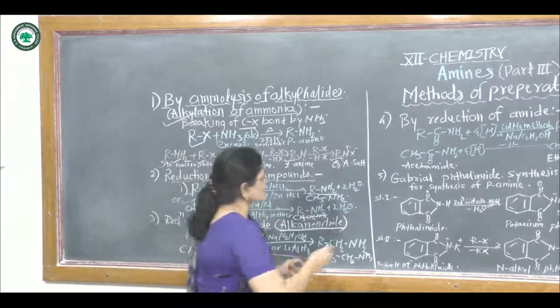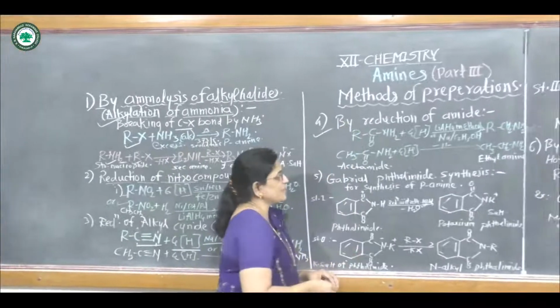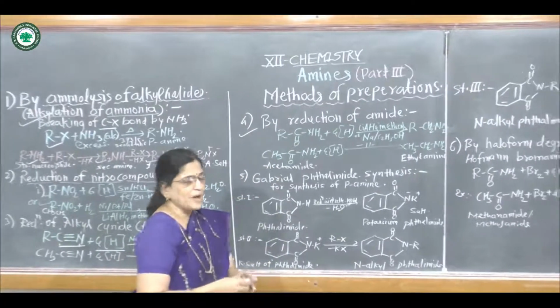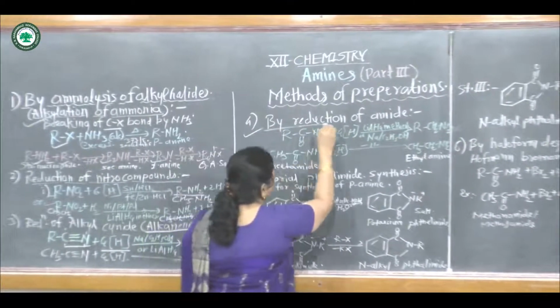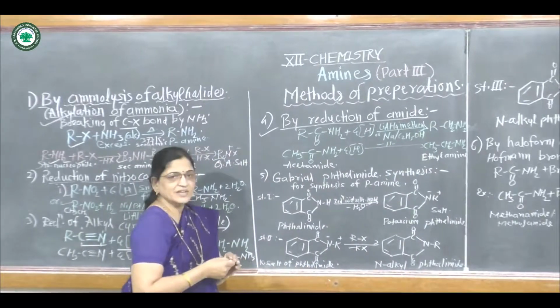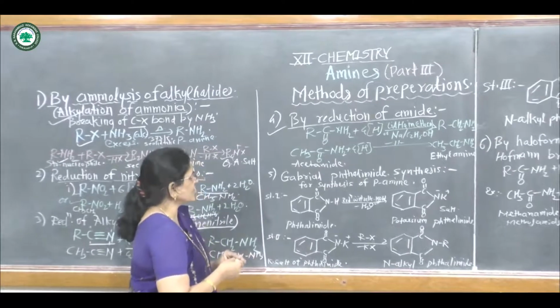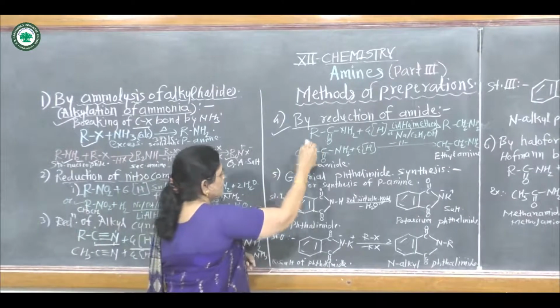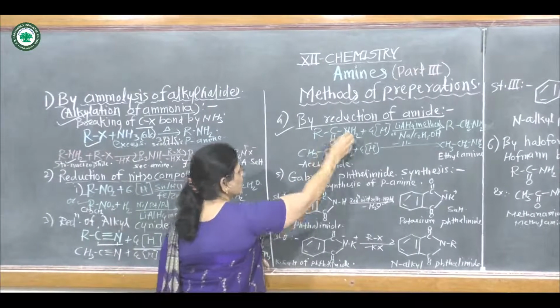The next method of preparation is by reduction of amide. This is also for preparation of alkyl amine by reduction. In this reaction, the amide has the functional group CONH2.